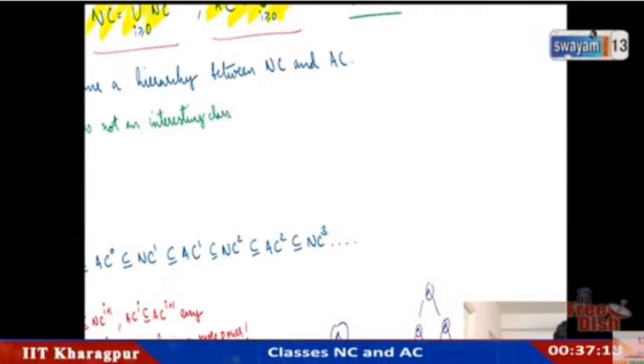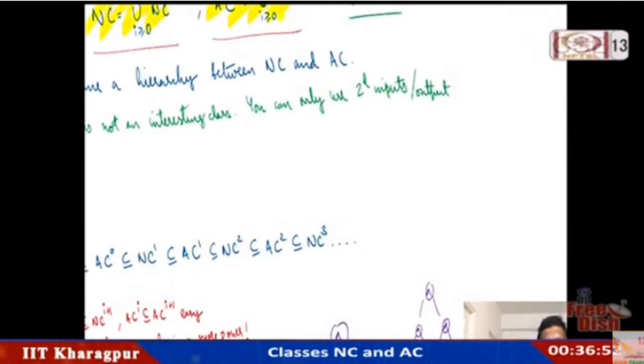This is because you are allowing polynomial size and constant depth with gates of fan-in 2. So you can only use 2^d inputs for a certain output. Each output is a function of only 2^d inputs. So it is only looking at a constant number of inputs. Not much can be done using this kind of a setup. So NC0 is not very interesting.